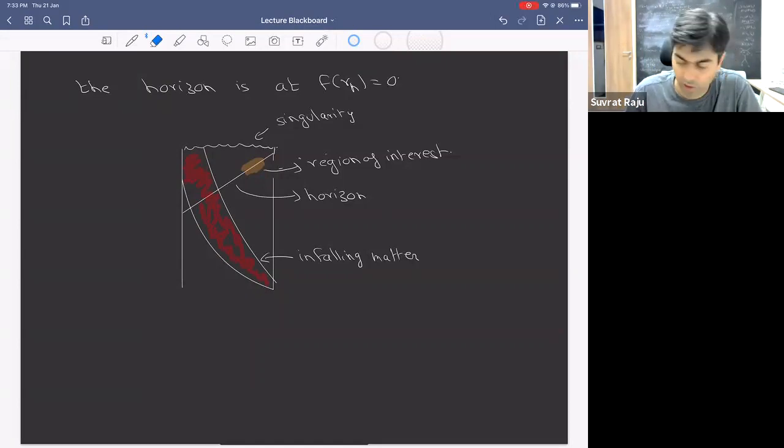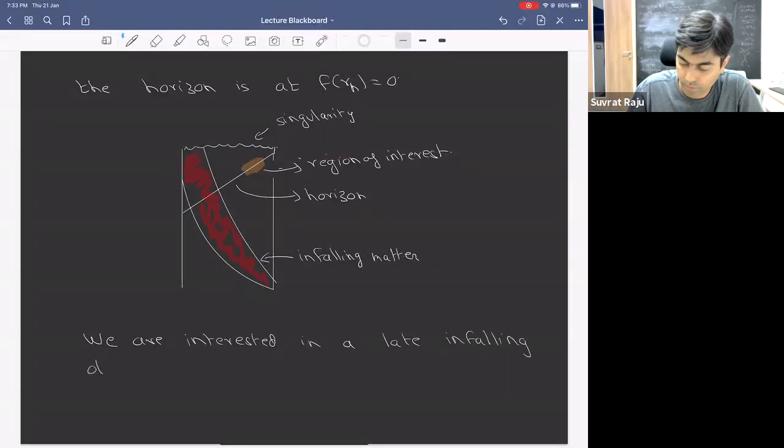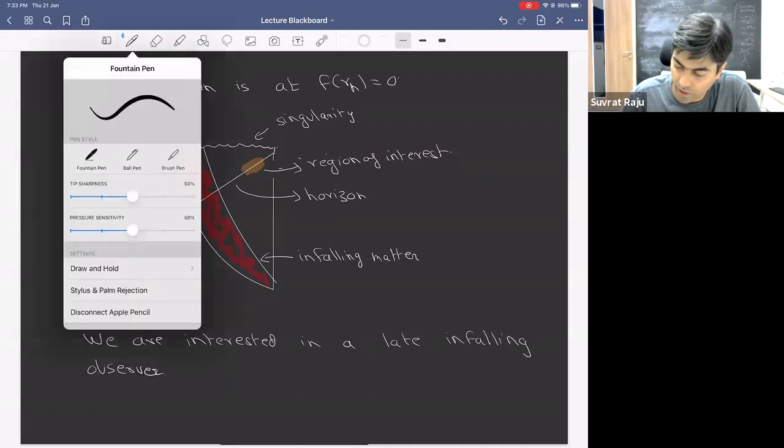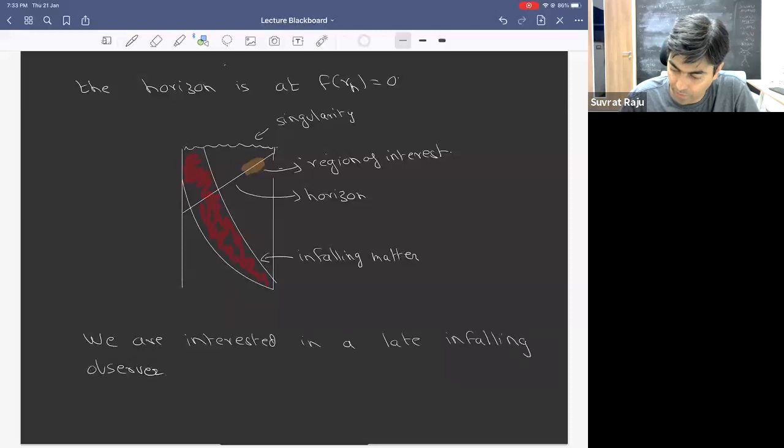Okay. So once again, just to say the same thing, we are interested in a late infalling observer. The late infalling observer needs to understand the physics of this region, and might have some trajectory that looks like this.